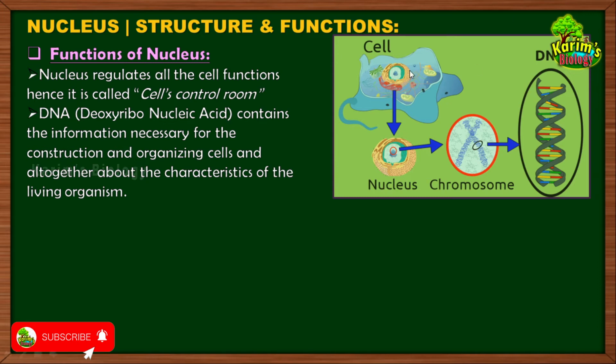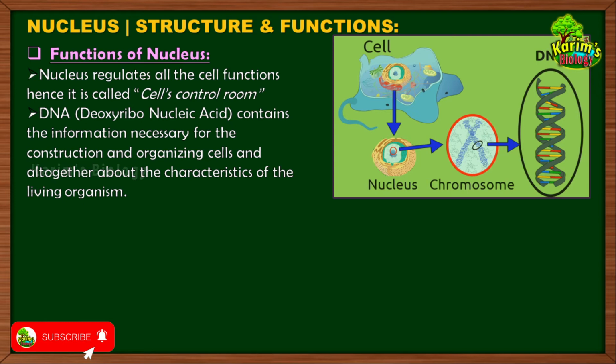So this is what I was talking about. There is a cell, there is a nucleus, and within the nucleus, nucleoplasm. Within the nucleoplasm, chromosomes are there, and what are the chromosomes formed with? The chromosomes are formed by DNA. This is the DNA. And what else? The DNA contains information necessary for the construction and organizing of cells.